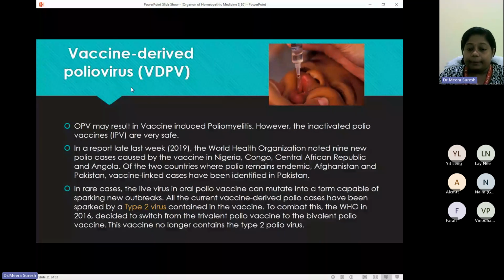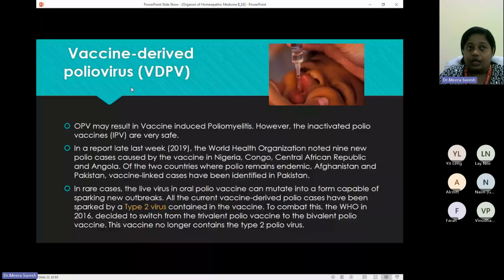So the thing is, though OPV seems to be very efficient, producing both local immunity and humoral immunity, because of one strain, the type 2, it can induce polio in a very small number of persons. Just imagine you are taking a vaccine, thinking that you are protecting yourself from a killing disease, not a killing disease, but a disabling disease, and just because you took that vaccine, you develop that disabling disease.